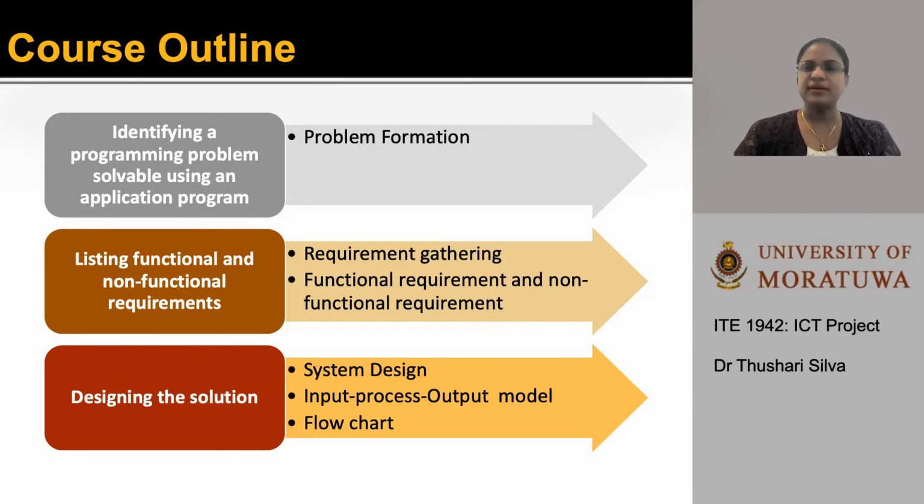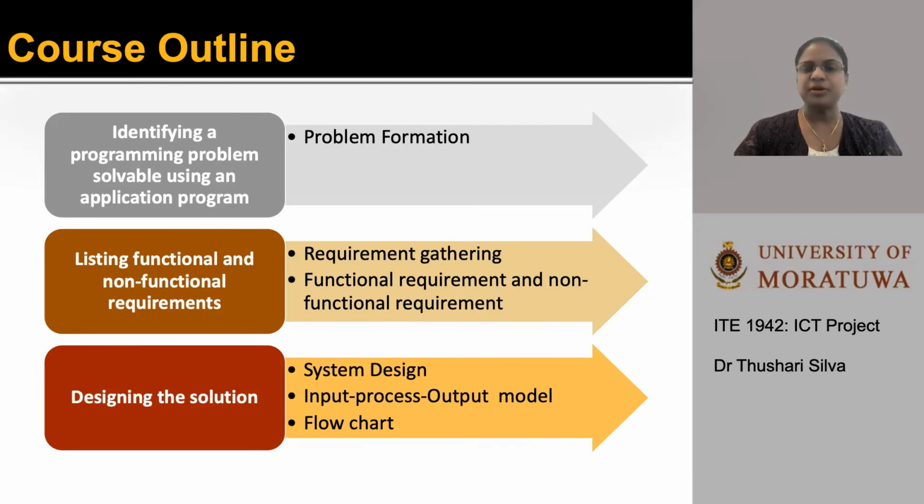Once the requirements are gathered, they are to be classified as either functional or non-functional requirements. That classification should also be facilitated by appropriate measurements, and you will be able to implement all your functional requirements.